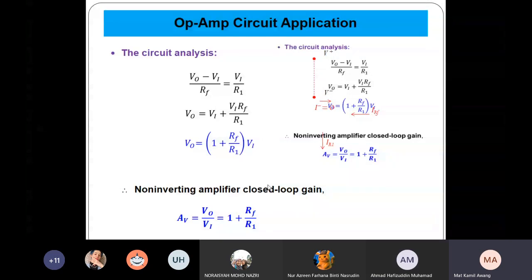So that is how you design the circuit or how you analyze the circuit. Normally, for analysis, we give you the values of RF and R1 and ask you to calculate. But if it's a design problem where you are given the gain, you go backward. Basically you are given the gain and you select RF and R1 to give that gain.